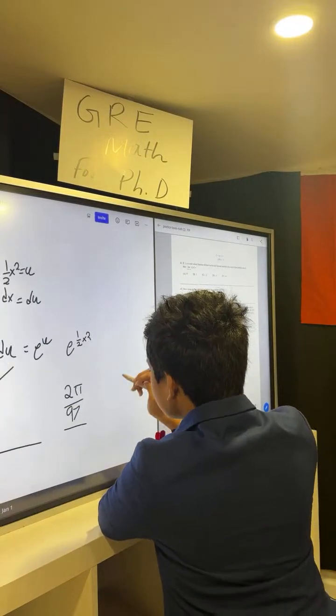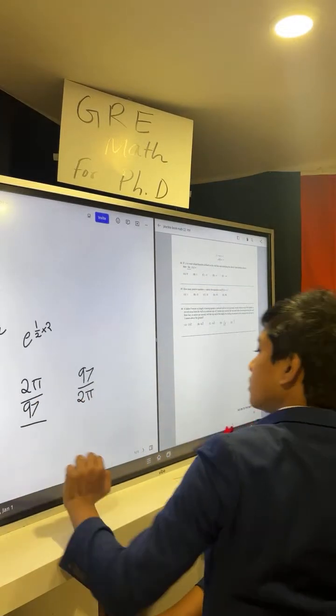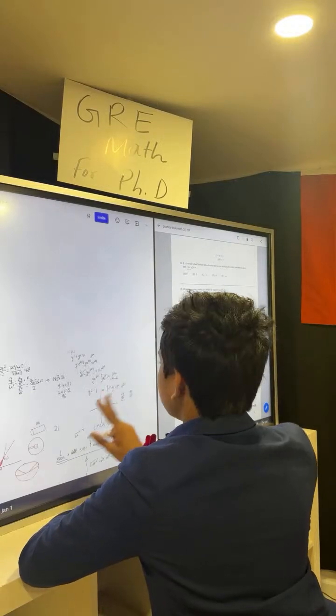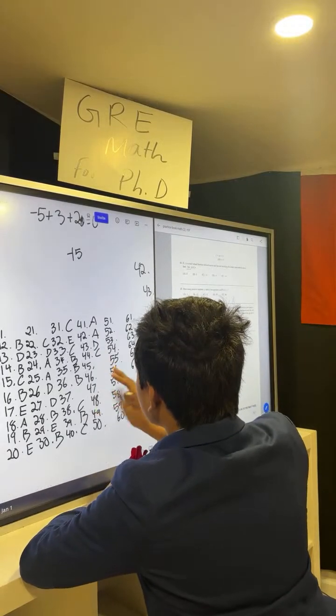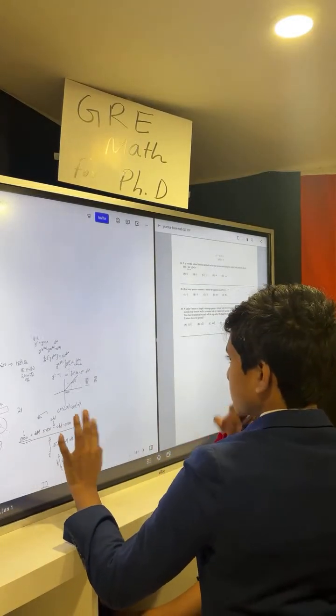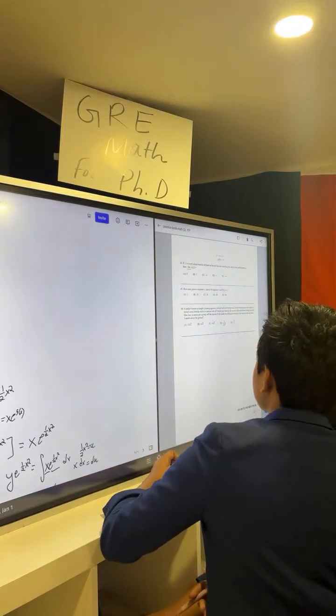So then we just have to find 97 over 2 pi rounded down. So 97 over 2 pi is around 16. So I'm going to wager it's 15. Because 97 over 2 pi is like 96 over 6 or so.